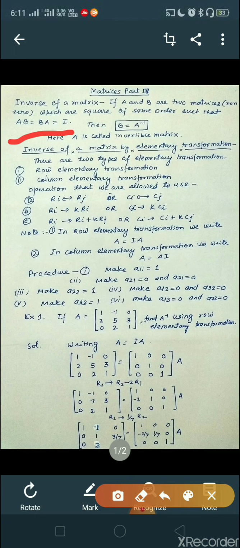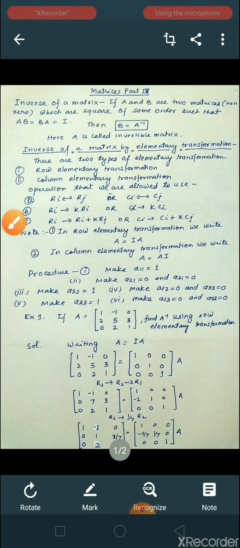In matrices, I is the identity matrix for multiplication. If you multiply a matrix by the identity matrix, then you will get the matrix itself. So if we multiply two matrices and we get their product as an identity matrix, then these two matrices will be inverses of each other.